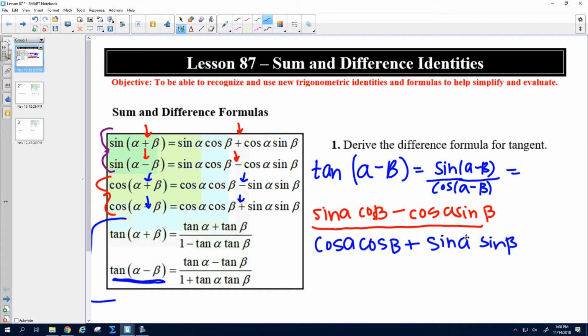All right, we are trying to actually get a tangent alpha right here. So in order to get a tangent, we need a sine over a cosine. So that means that we're going to divide every single term here by, let's think about it. First of all, I'm going to write exactly what I have here, but I'm going to leave space underneath, okay?